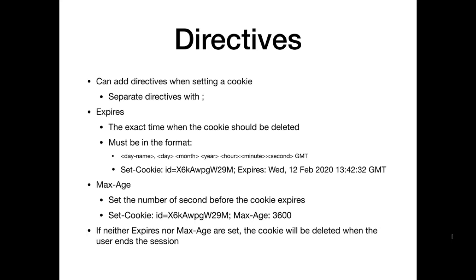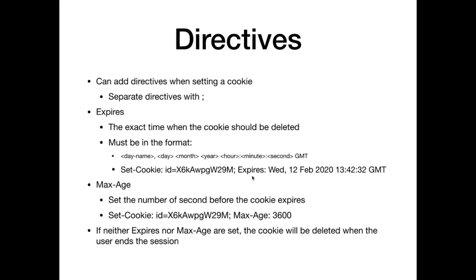We have multiple directives in cookies that give more information attached to a cookie. One of these two we should have with any cookie, either expires or max age. These are additional information we can give with a cookie, and they're separated by semicolons. So for example, in the set cookie header, we give the cookie name, cookie value, and then semicolon separated directives.